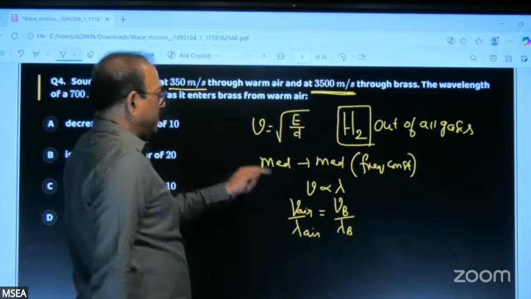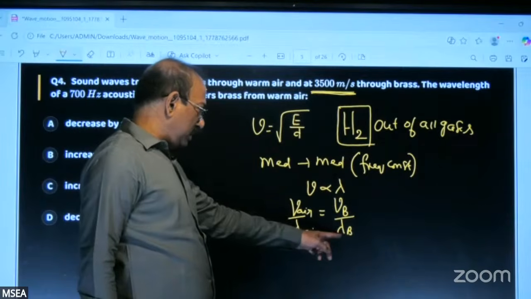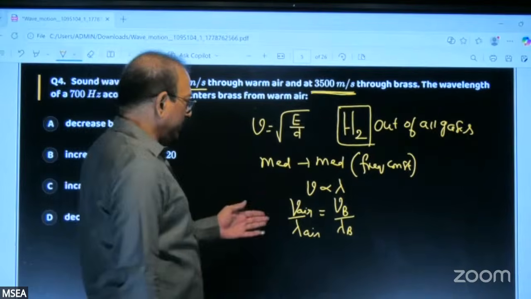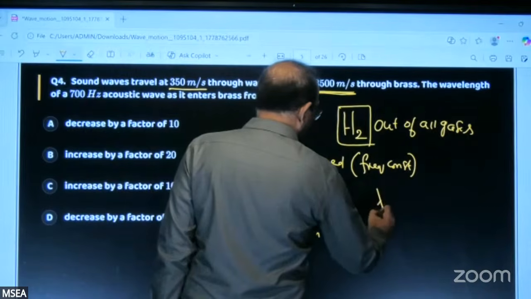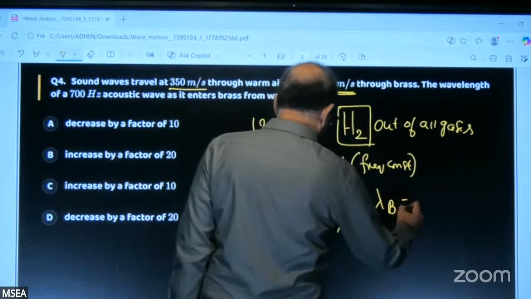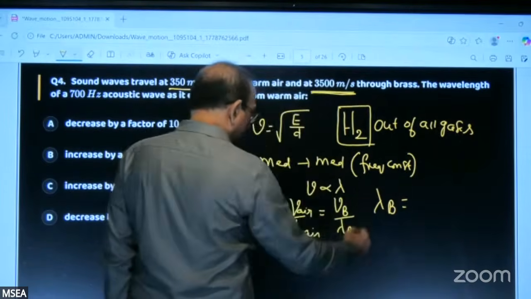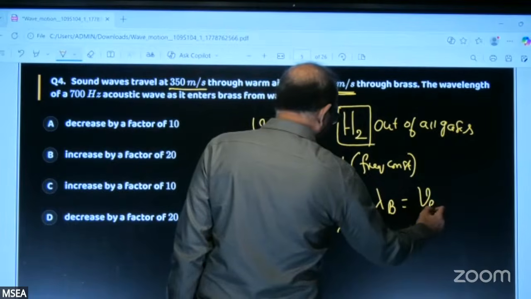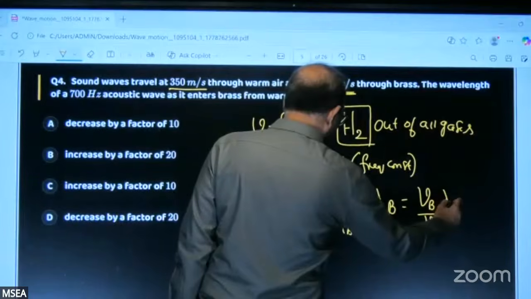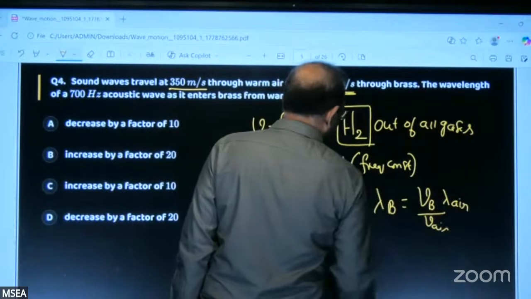What is asked here is how many times the wavelength in brass is of the wavelength in air. So lambda B, cross multiplying, is VB by V air into lambda air.